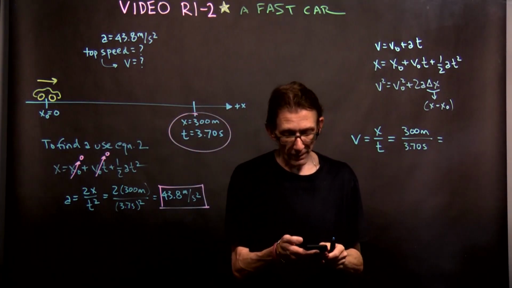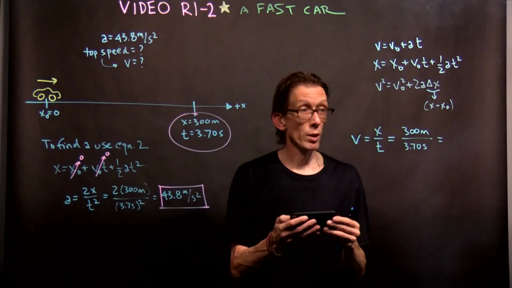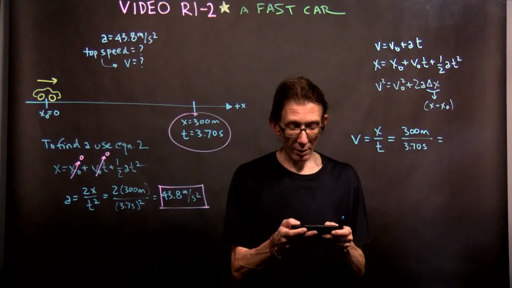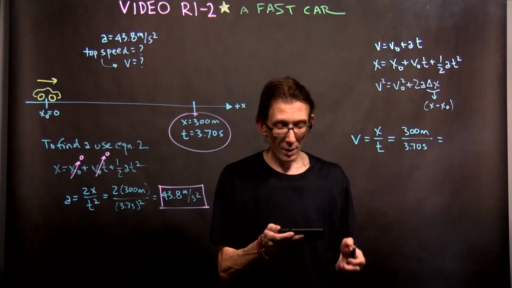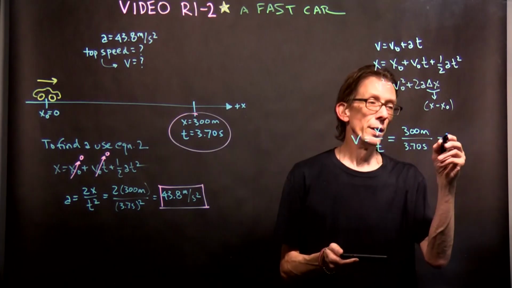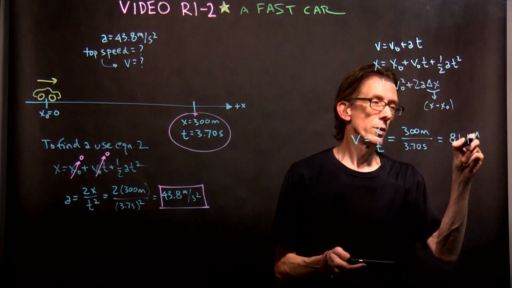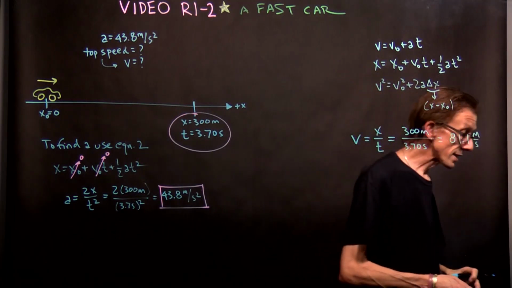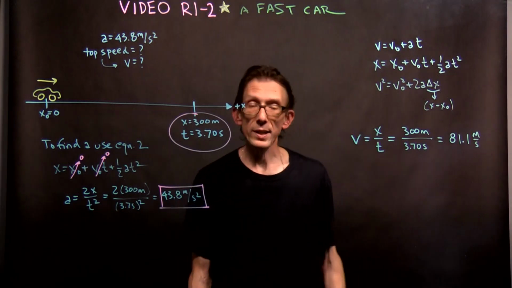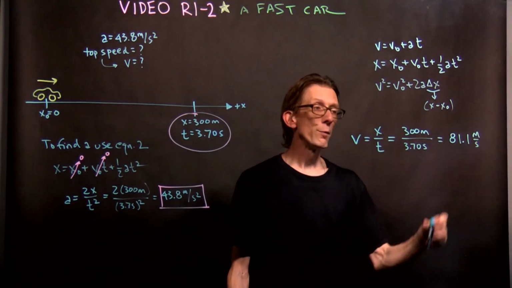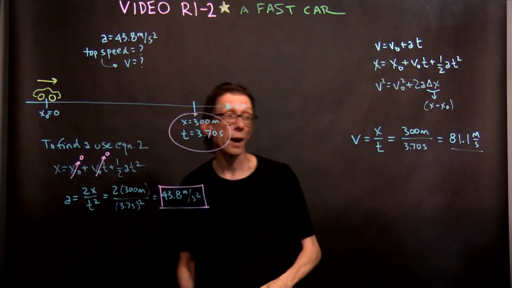I've left a significant figure off with my notes, so let me do this real quick. 300 divided by 3.7 is 81.1 meters per second. They see a distance, 300 meters. They see a time, 3.7 seconds, and they give me this answer. But that answer is incorrect.